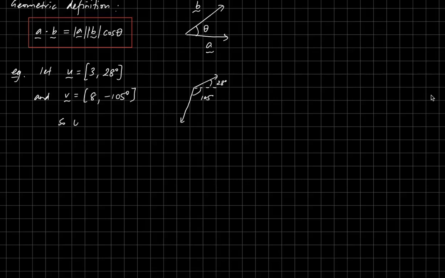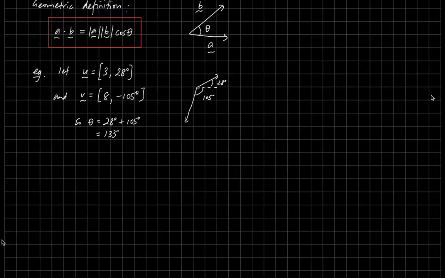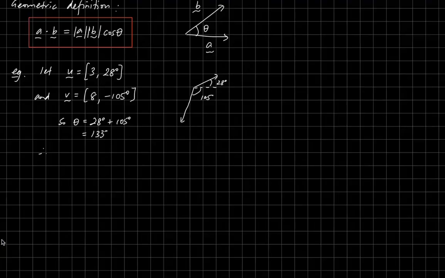So if we were to calculate the total angle between them, in this case we would just need to add those together, wouldn't we? So 28 plus 105, which is 133. Therefore we could say u dot v is going to be equal to magnitude of u times magnitude of v times the cosine of theta.